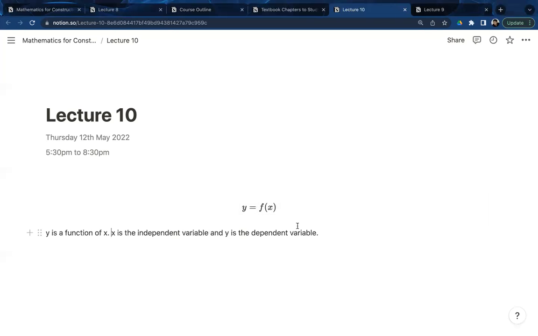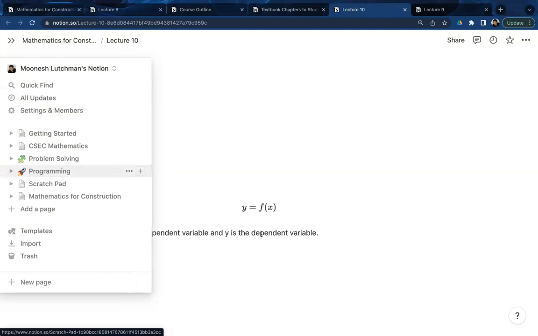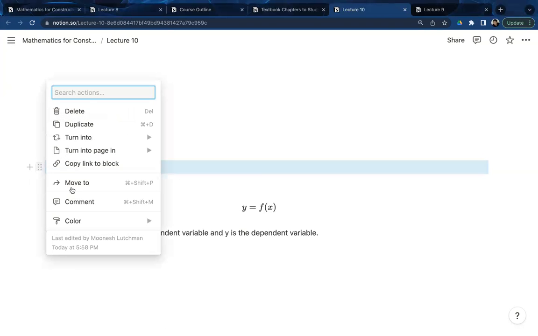And sometimes the rule of the function. The rule of the function is, you're given an algorithm how to find y given a value of x. Okay.